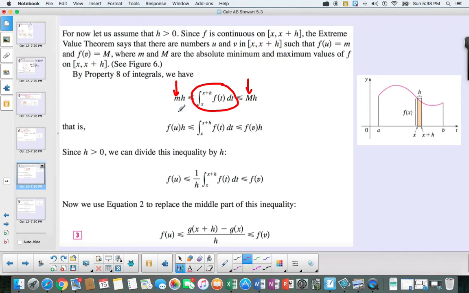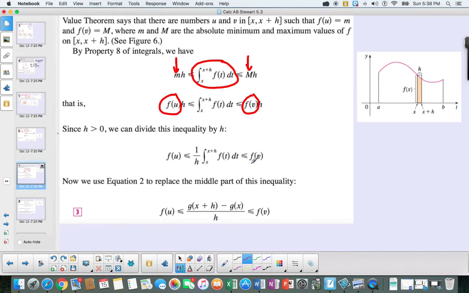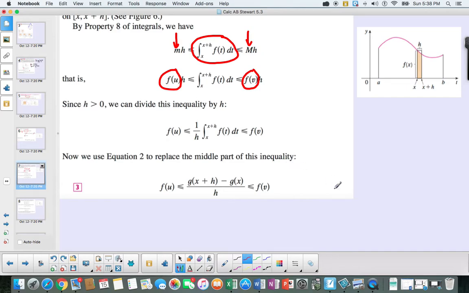Lowercase m is the smallest height, which I'll call f of u, and capital M represents the biggest height in that interval. We're going to divide everything through by h. So now I just have f of u and f of v. So this average change is between that, and then I'm going to substitute for this and write the difference quotient right here.